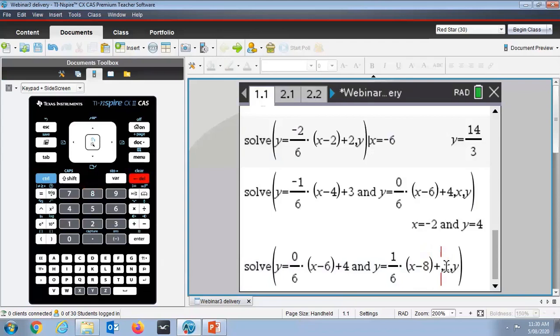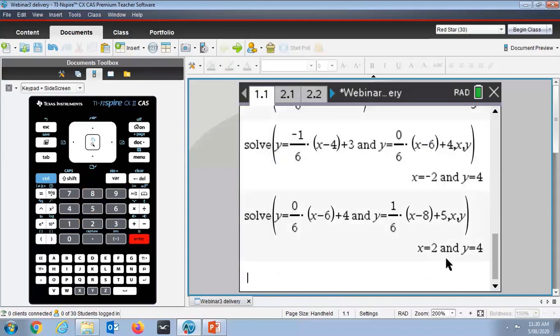We saw those patterns and we're using those again. And when we solve that equation, we can now press enter. We don't need to put the cursor at the end. We get a third point.